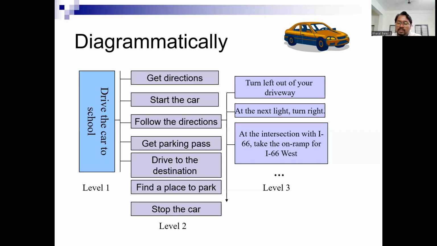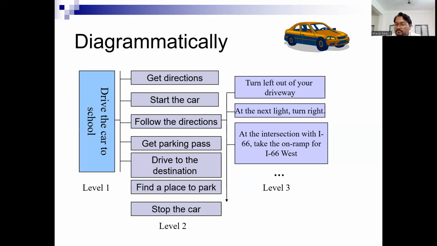In the second level, the directions are given: you have to take the parking pass, then drive to the destination and place the car in a particular, exact place in the parking lot, then stop the car. And in level 3, again after giving the directions, turn left out of your driveway and then turn right at the next light.